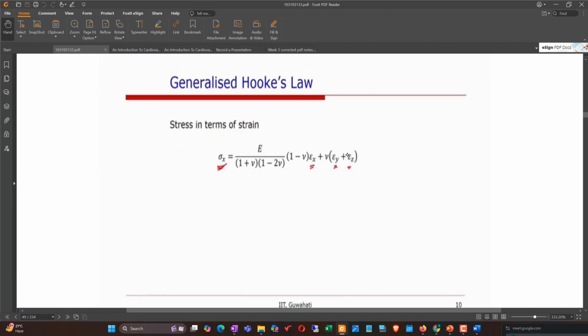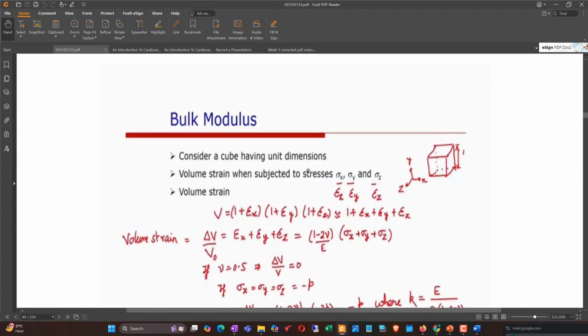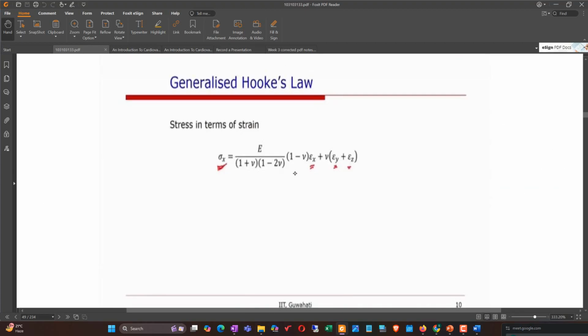You see all the EX, EY, EZ is there. And we also had a discussion that if nu is half, then E becomes infinite, which means perfect solid-like behavior, there is no deformation at all, right?